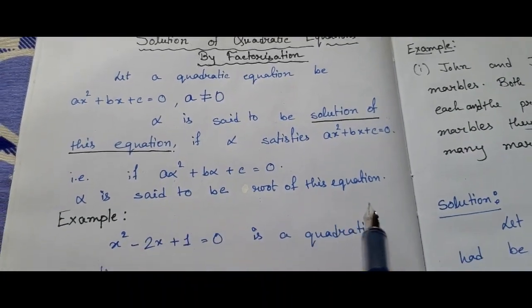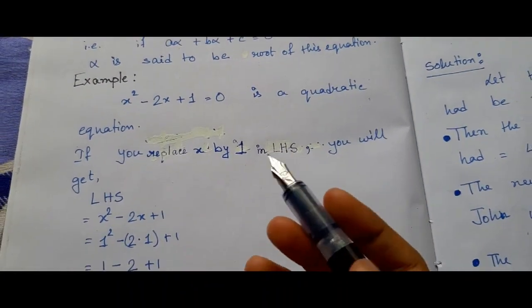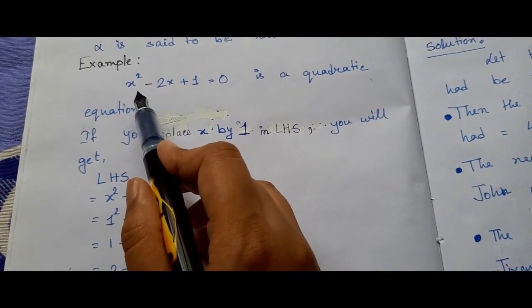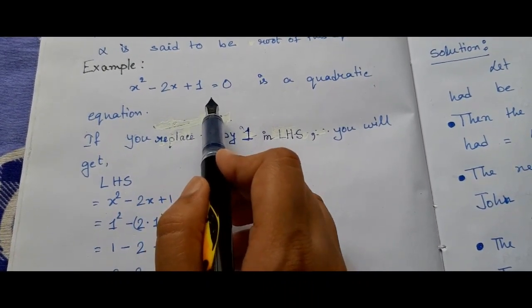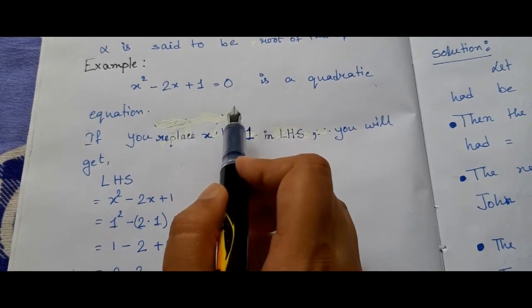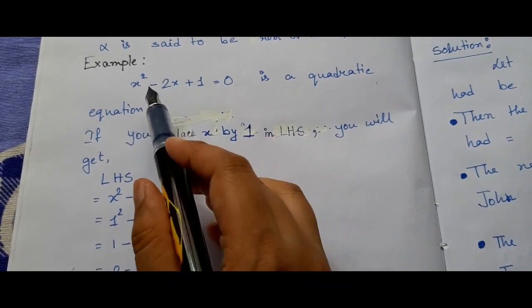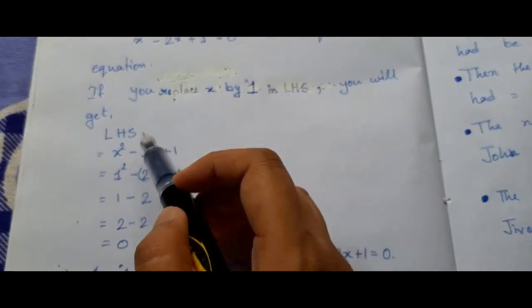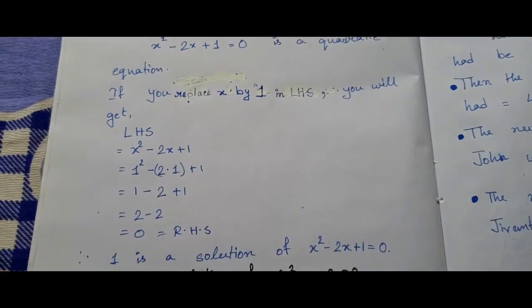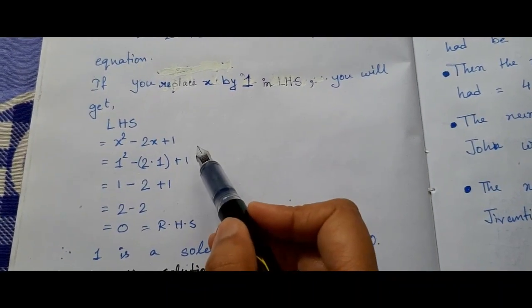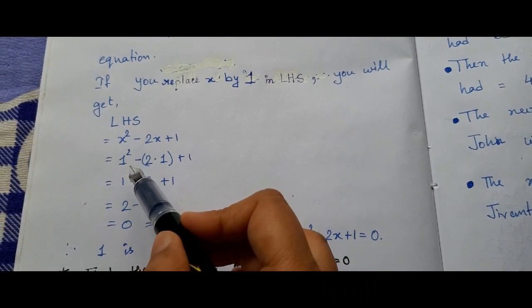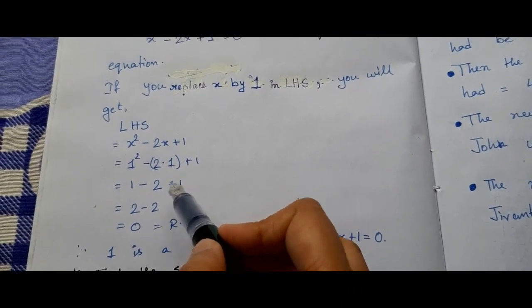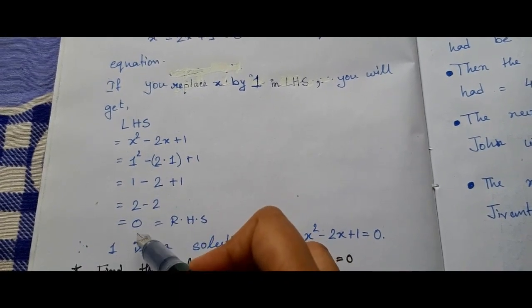Now let's visualize this topic with an example. Suppose a quadratic equation is given as x² − 2x + 1 = 0. If you put 1 in place of x in the LHS, what will you get? The LHS is x² − 2x + 1. If you put 1 in place of x, it becomes 1² − 2 × 1 + 1, that is 2 − 2, which is equal to 0.